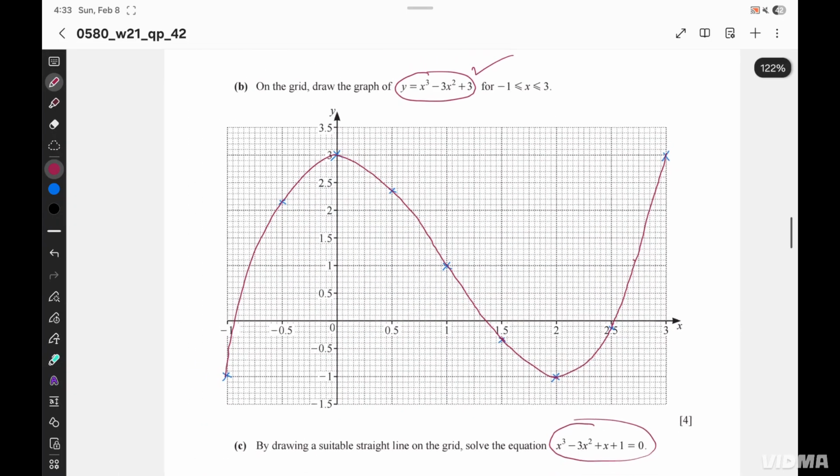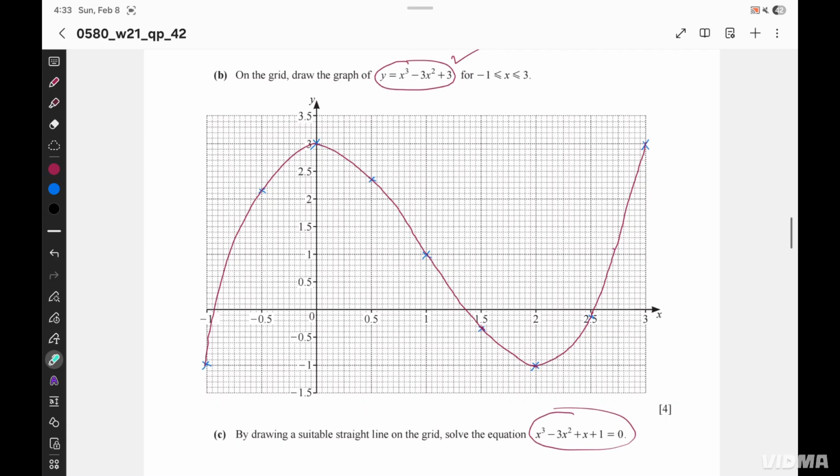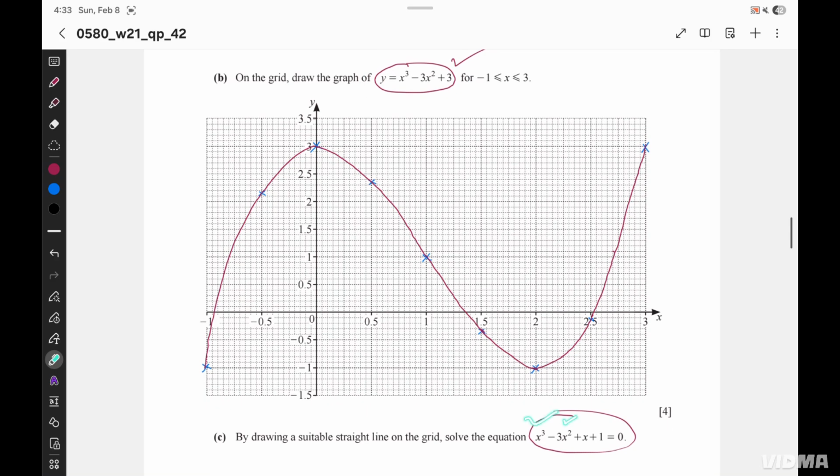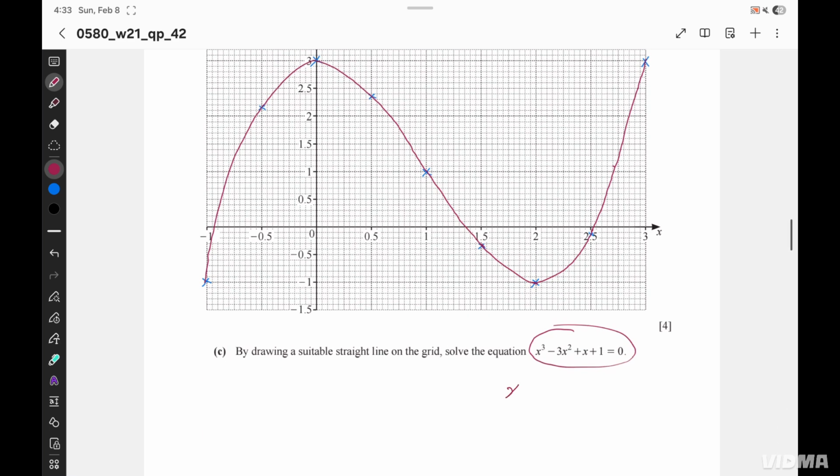So now look, here we have x cube minus 3x square plus 3. Here we have x cube minus 3x square, but we do not have plus 3. Instead of 3 we have x plus 1 written over here. So we need to make this side same. So it's very easy. X cube minus 3x square plus x plus 1 is equal to 0.